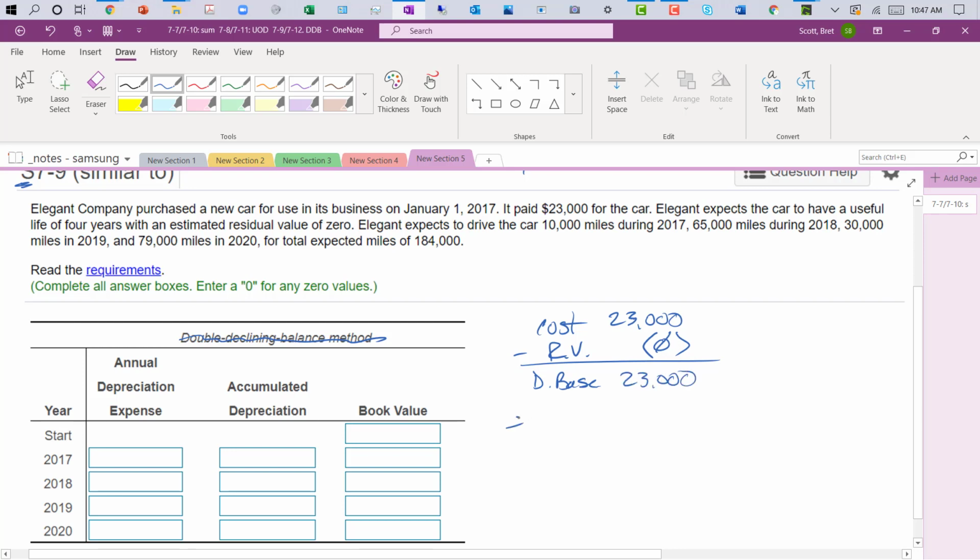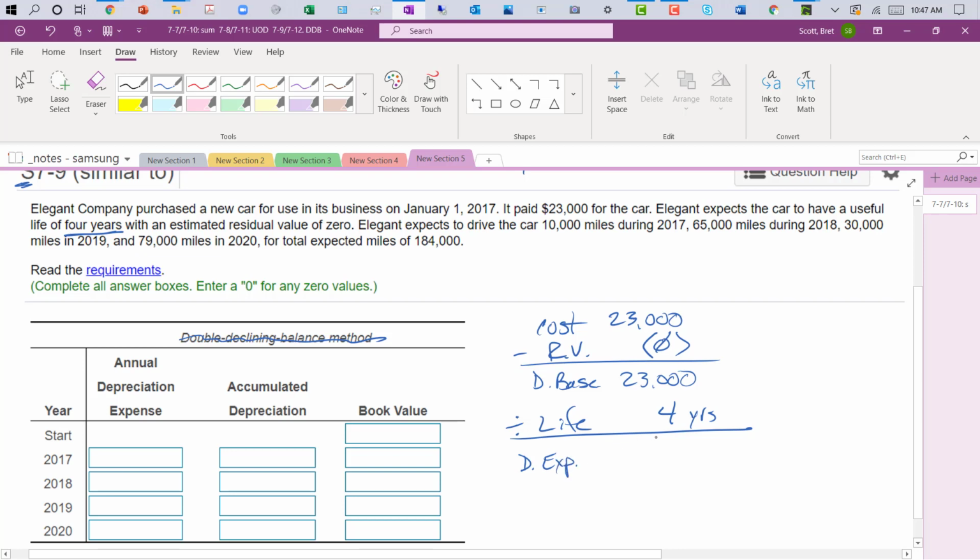Now the question is, what is my life that I'm going to divide by? If I'm using straight line, we're going to be using years. So I take 4 years as my divisor.